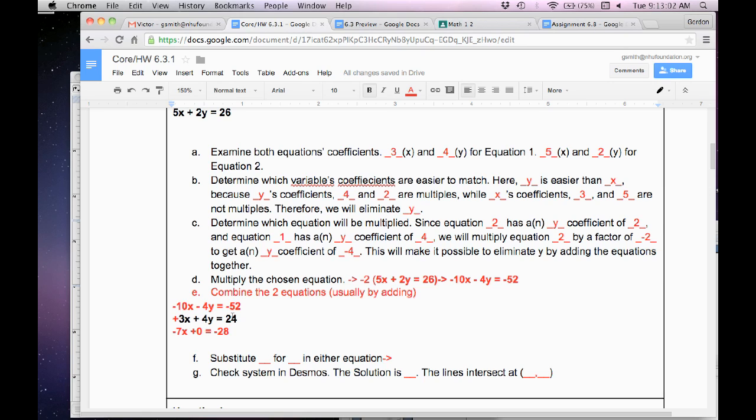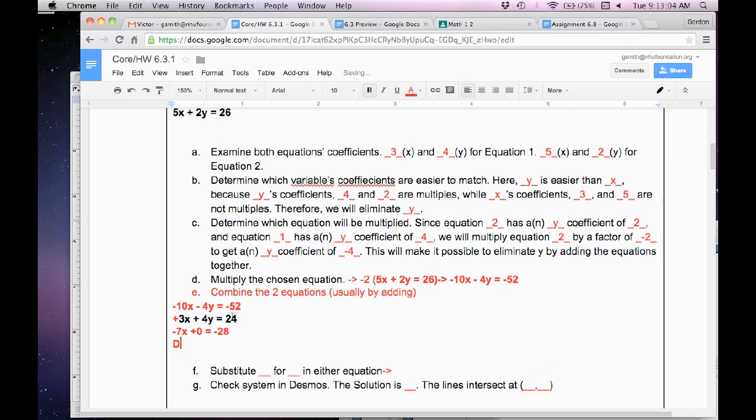So now I can divide by negative 7 on both sides. And that will get me x is equal to 4. So now I know that x is equal to 4. So I will substitute 4 for x in either equation.